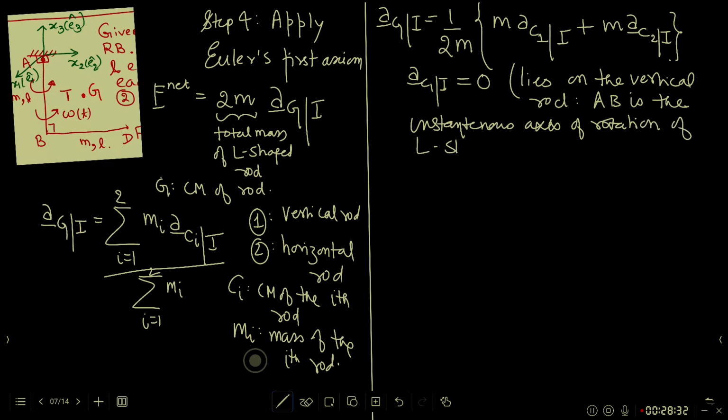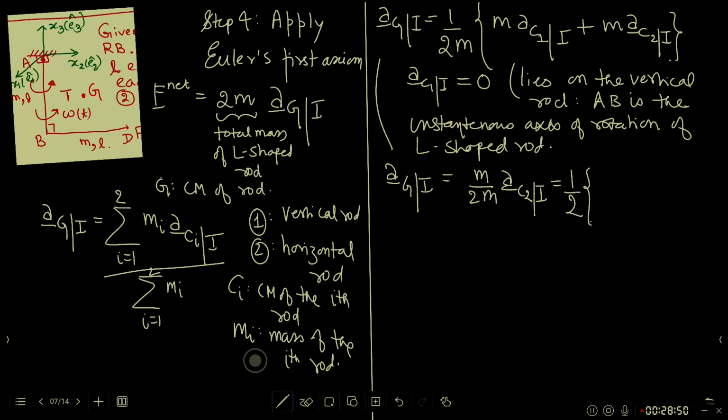It means AGI is simply m by 2m times AC2I, and AC2I I am going to write directly as minus omega square L by 2 E2 and minus omega dot L by 2 along E1.